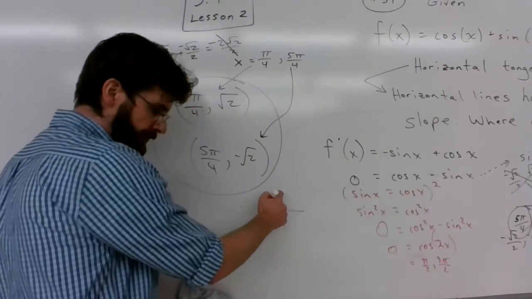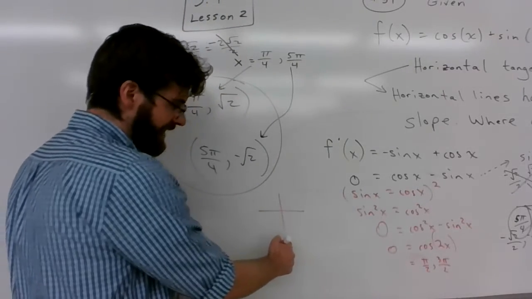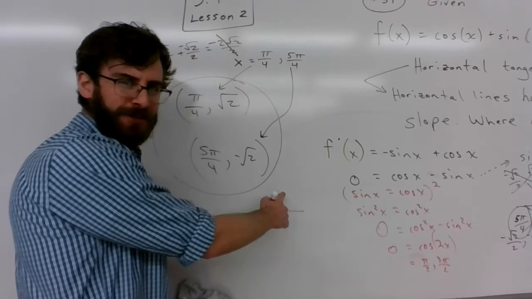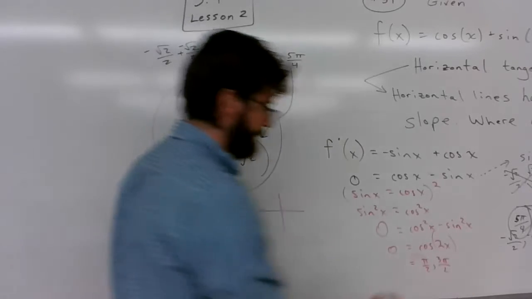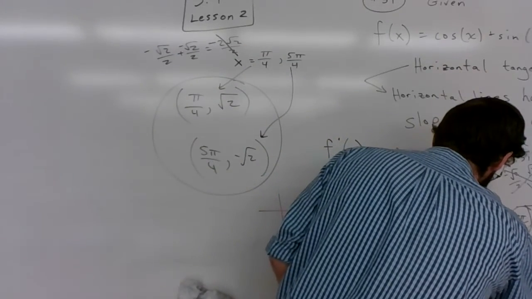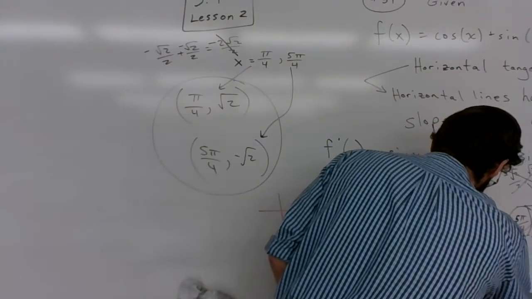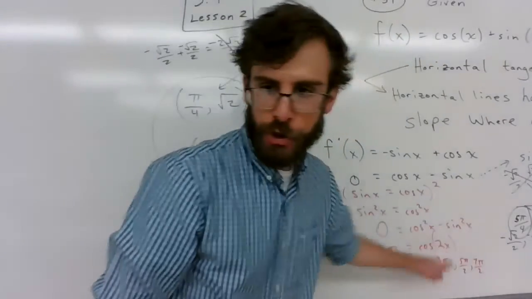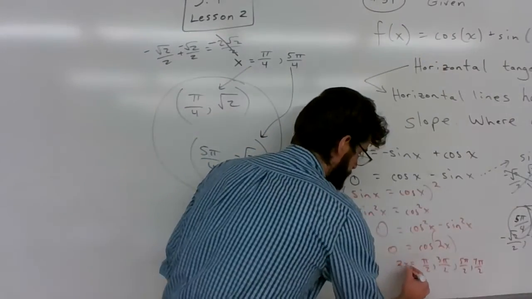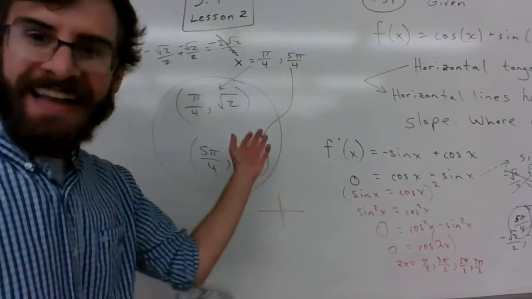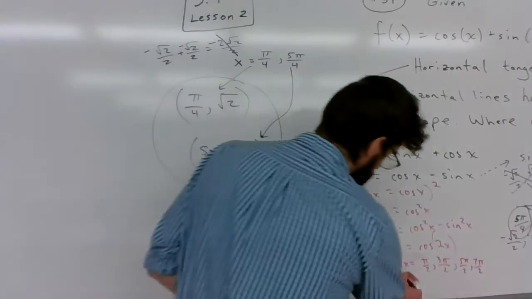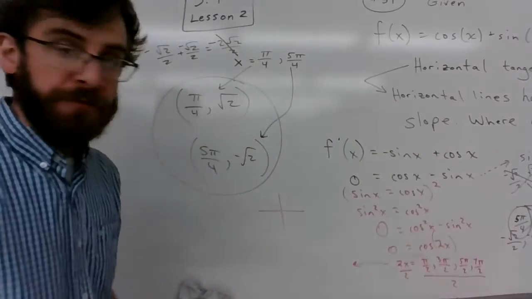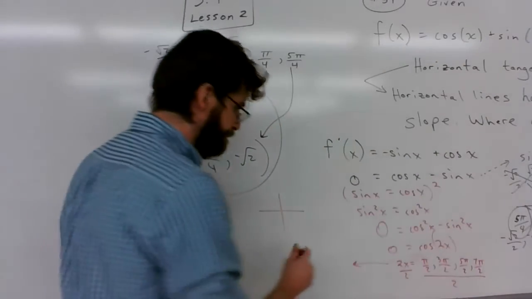So pi over 2, 3 pi over 2, then 5 pi over 2, sorry, and then 7 pi over 2. And what would normally equal x now equals 2x. So divide everybody by 2. You're left with all the pi over 4s on the grid.